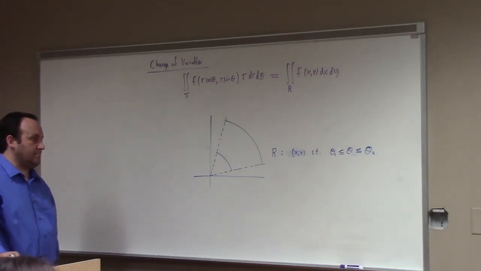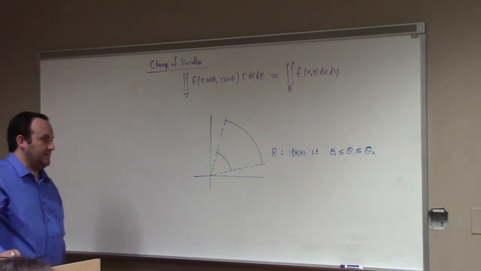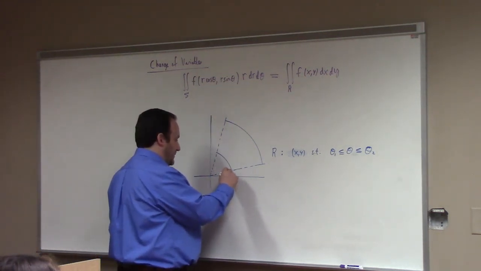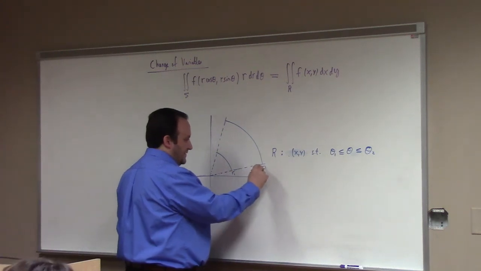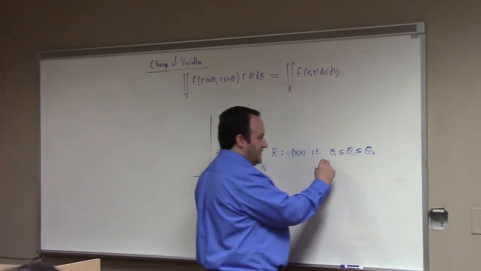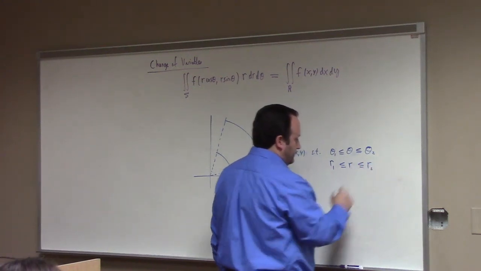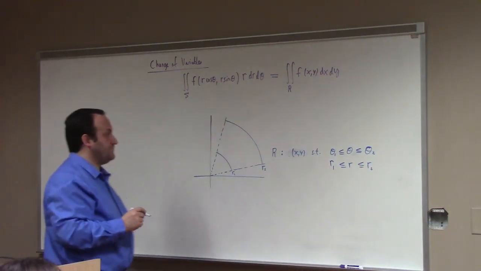And on the other hand, maybe this is R1, this is R2. We also have that the radius is between R1 and R2.